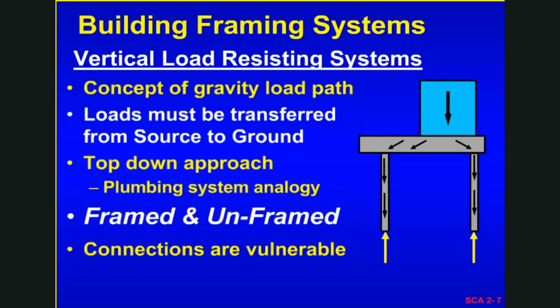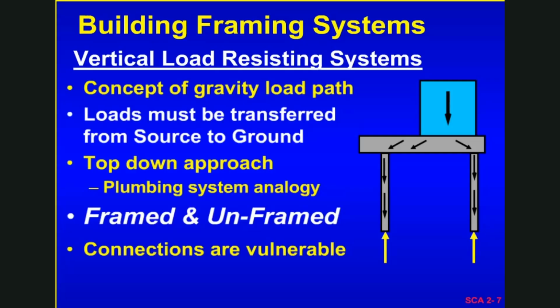These beams then subsequently are carried out to the columns, and then the columns take the load down to the ground. And again, we have to, as structural engineers, safely get the load at its point of application down through the system to the ground. And you can think of this as a plumbing system or analogy where the tub or basin collects the load, the piping system brings it down through the system into the ground.